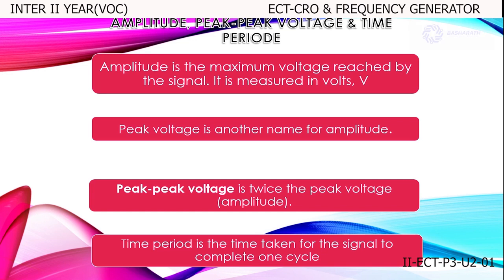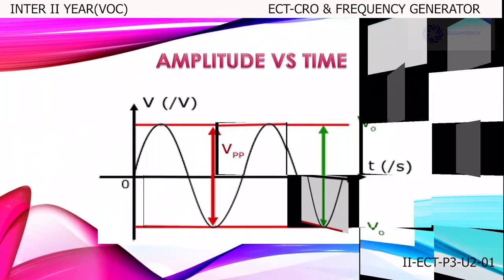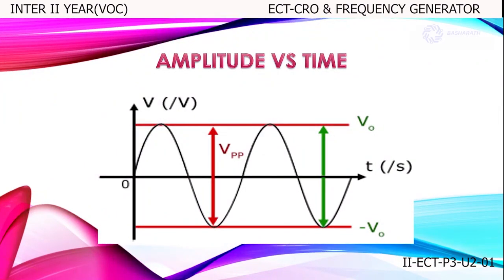Nothing but it is twice the peak voltage. Time period. Time period is the time taken for the signal to complete one cycle. In this figure, we can observe the variation of amplitude through time.